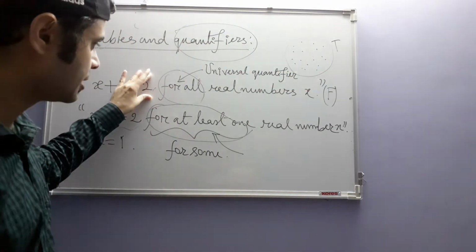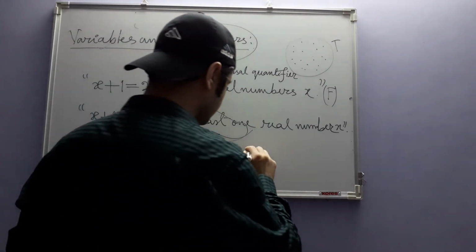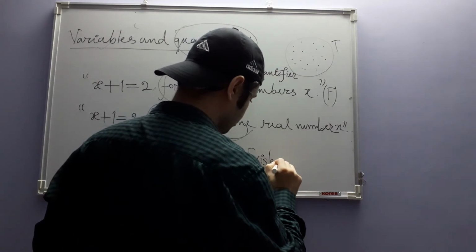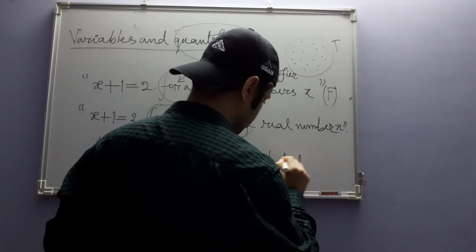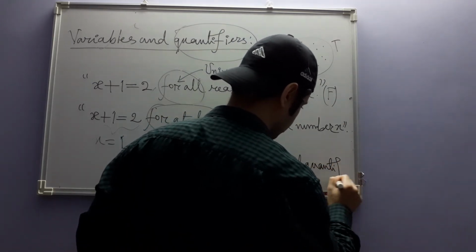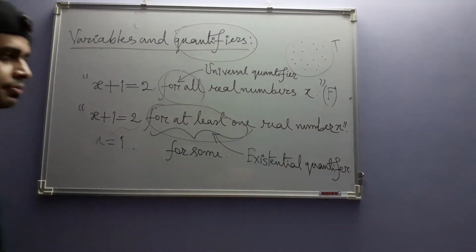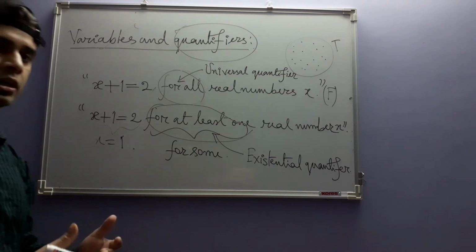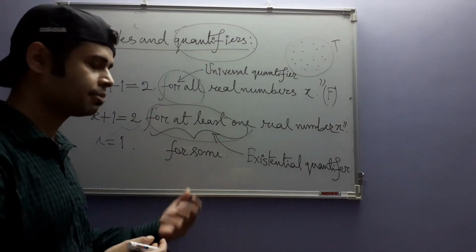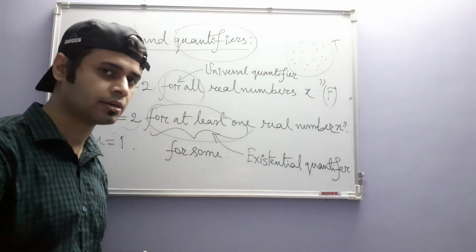And this is called, you may have guessed, the existential quantifier. For all is the universal quantifier, and for at least one or for some is the existential quantifier.